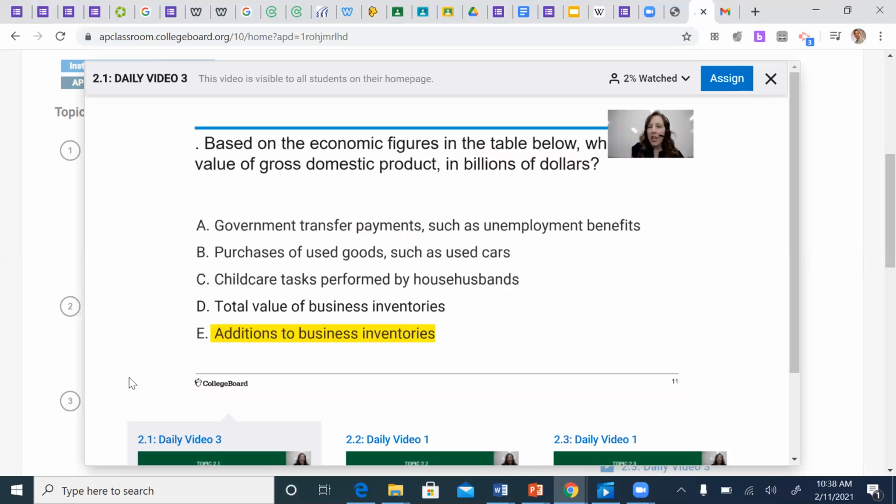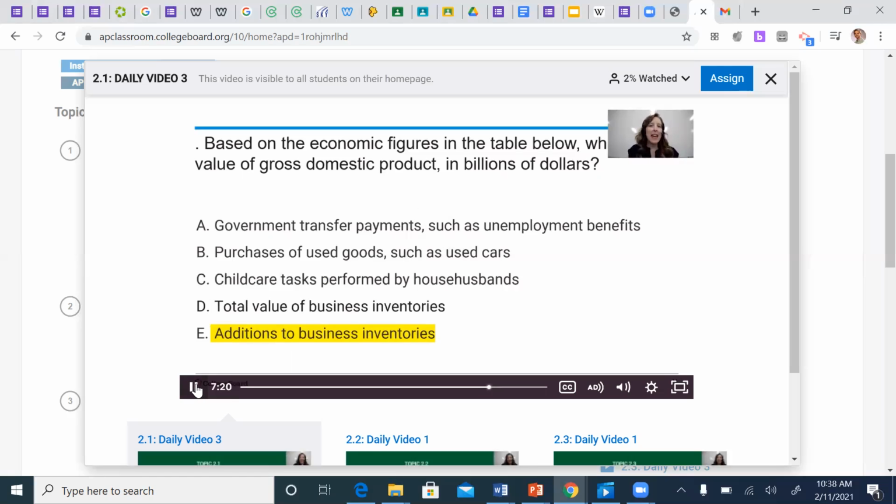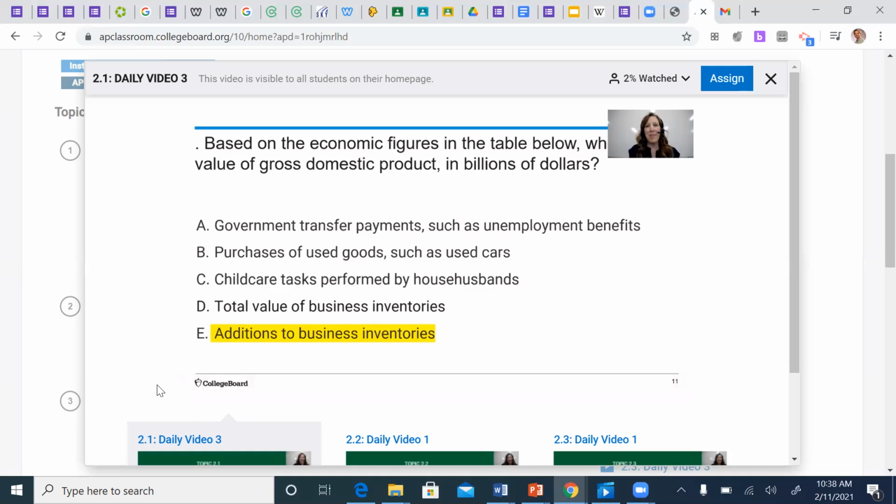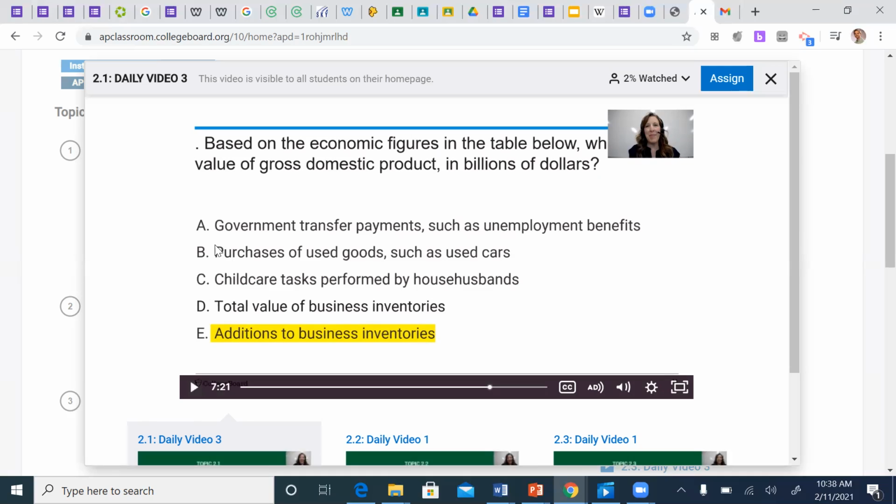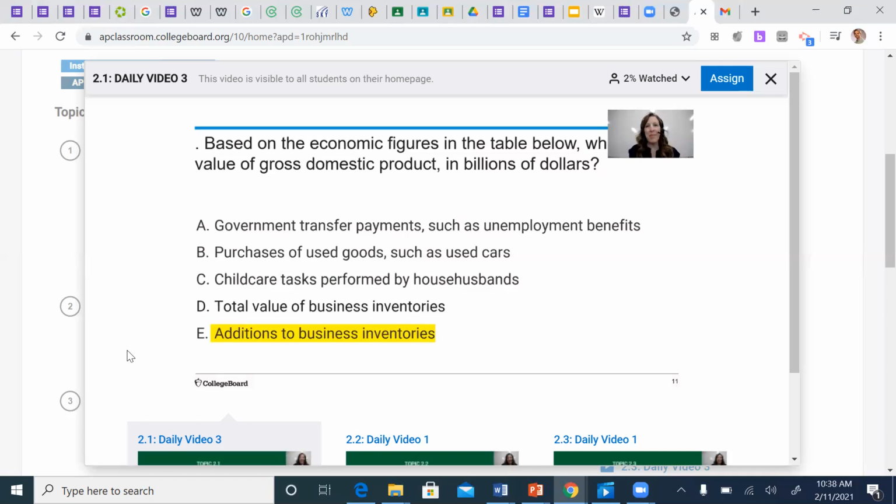And it's not the value of inventories, it's the changes to business inventories that count toward GDP. Whenever you see value, it disqualifies it. We're not measuring value, we're measuring expenditures. So you would have eliminated all four of those and it would have left you with E.